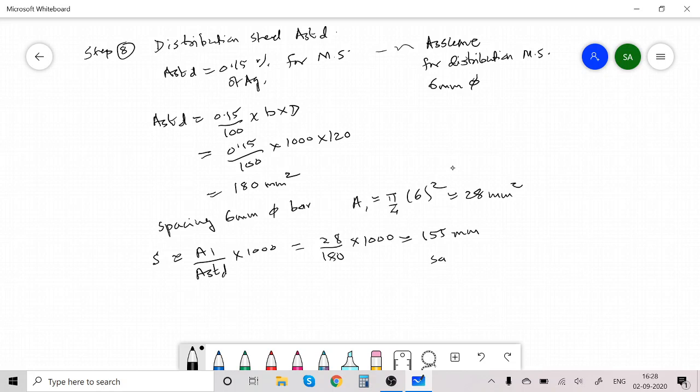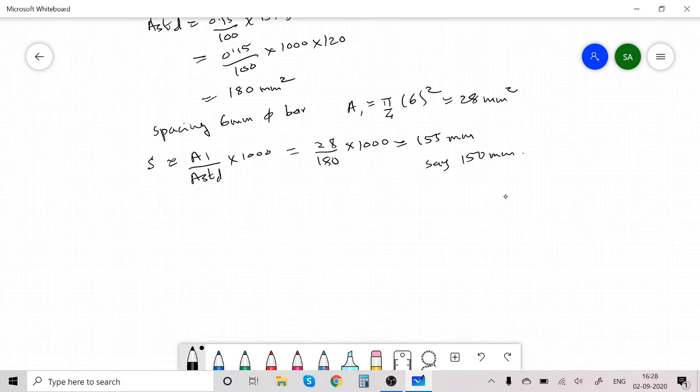Always round it to the lower side, say 150 mm. Check that this spacing should be less than 5D, and spacing should not be greater than 450 mm. So as we are providing 150 mm spacing, it is less than 5D, where D is 100 mm, and it is also less than 450 mm.